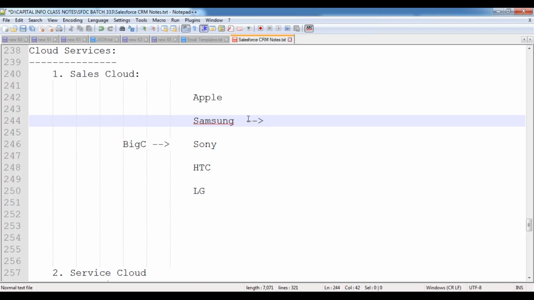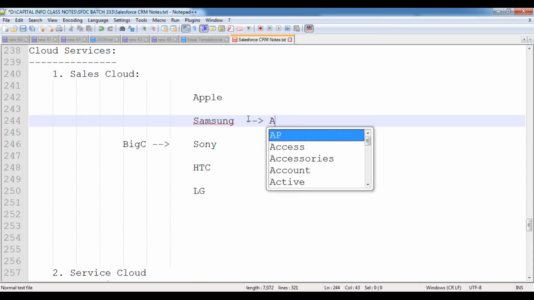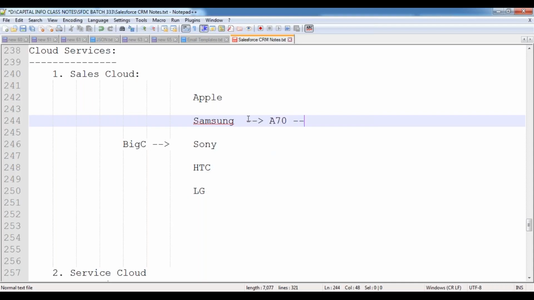For example, assume they are selling a product from Samsung, some A70 model. Upon selling this A70 model, they charge some 25,000 rupees as the mobile cost. Along with that, they provide 1 year of free insurance service, and 8 GB of memory card free of cost.